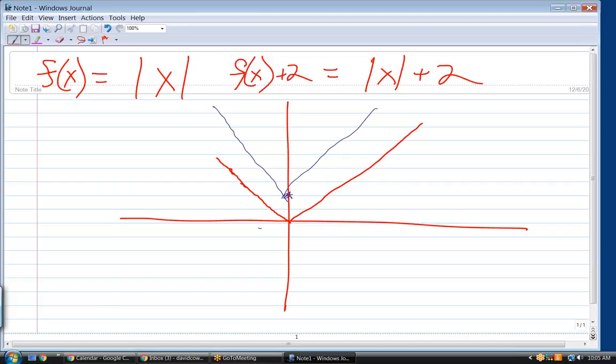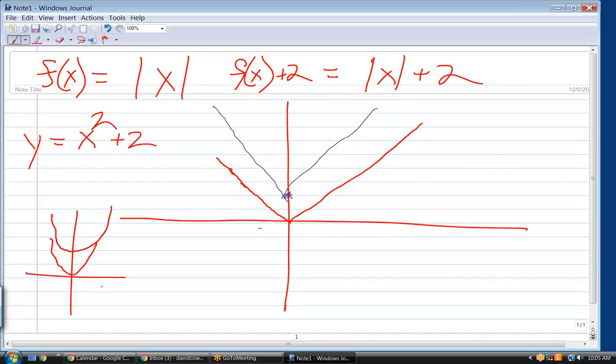And you can do that freely? With any function. Even a quadratic, if I say y equals x squared, that's this quadratic. But if I say y equals x squared plus 2, that's this quadratic. And does that apply when it's like x squared plus x plus 2?